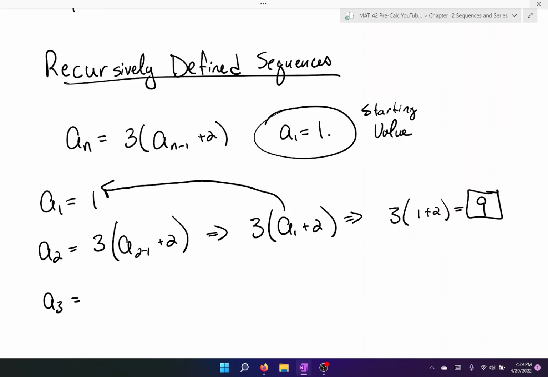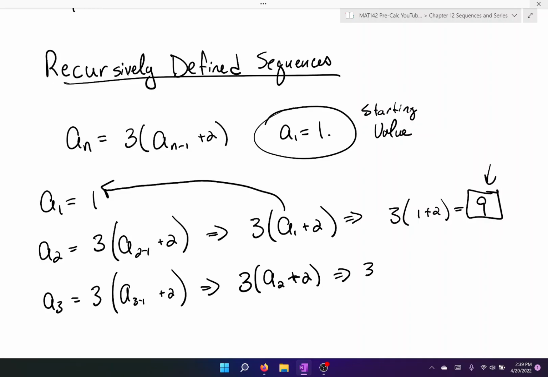So a3 is going to be 3 times the quantity a sub 3 minus 1 plus 2, which simplifies to 3 times the quantity a sub 2 plus 2. And we know a2 from the previous step. It's going to be 9, so this would be 3 times the quantity 9 plus 2, which is 33.